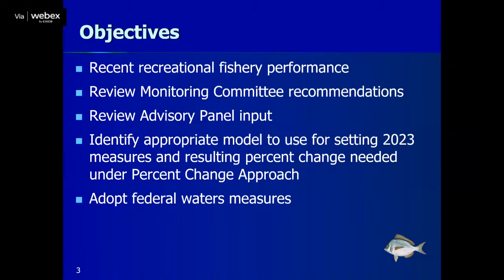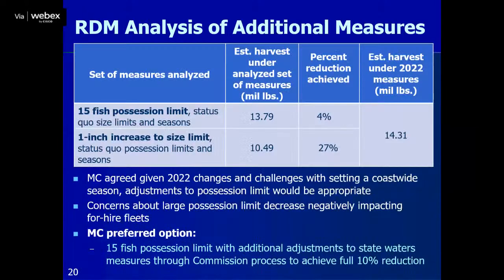Yeah, so that's the table on slide 20. That would be the 15 fish possession limit with status quo size limits or seasons, or the 1-inch decrease with status quo possession limits and seasons. But neither of those gets to that 10% reduction. Also keep in mind that federal waters is a small proportion of scup harvest in general.